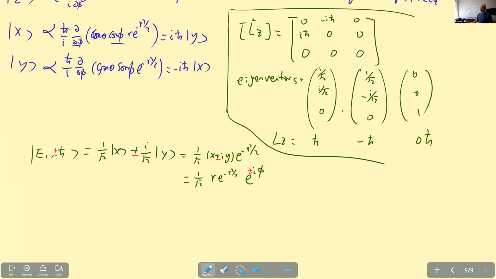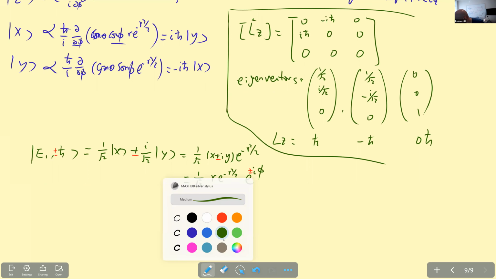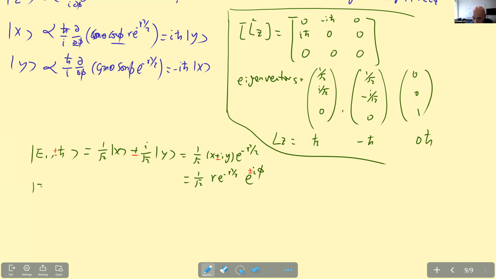So you got the two eigenstates, and of course you have the third one, that is E0 h bar, that equals just c, right? So that is nothing but just r e to minus r squared over 2. Okay, right?